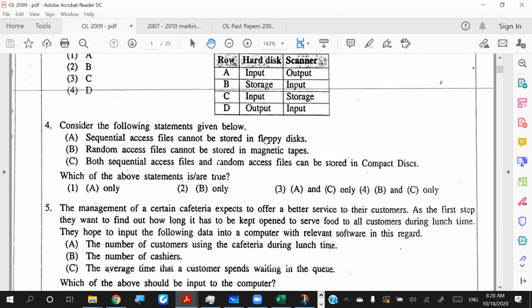But that's a very doubtful one, because sequential access files mean they should be accessed one after the other. When you have things like a floppy disk, you can do that, right? So sequential access files cannot be stored in a floppy disk is an incorrect statement. It can, right? The floppy disk behaves in the very same manner as the hard disk.